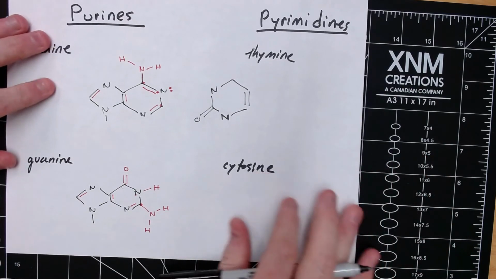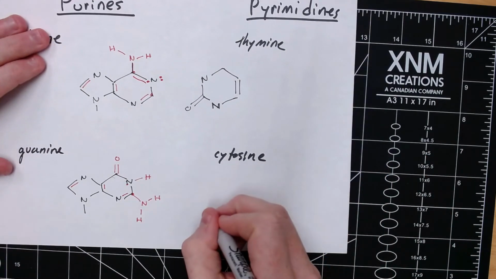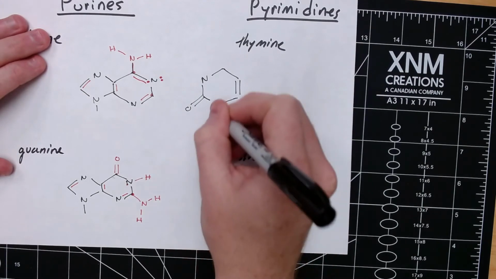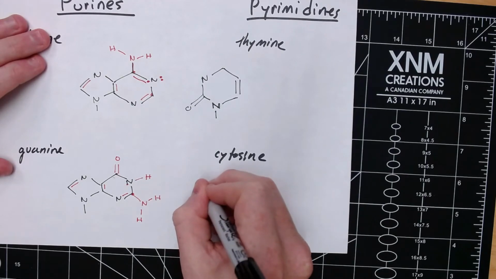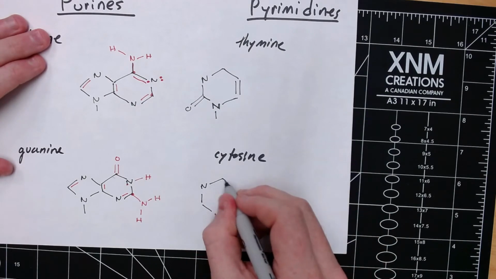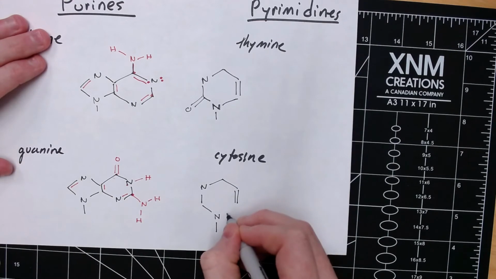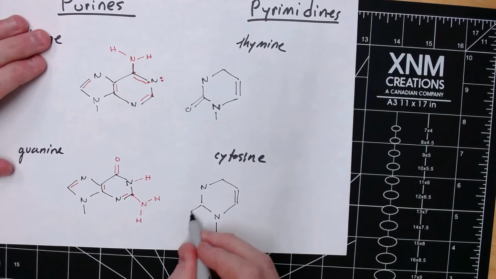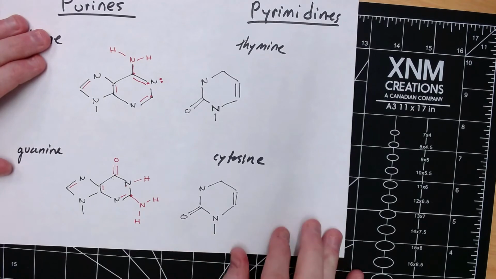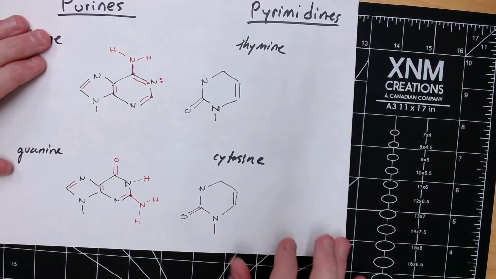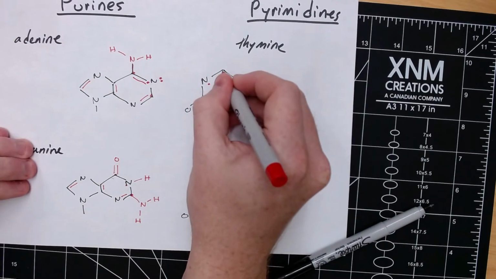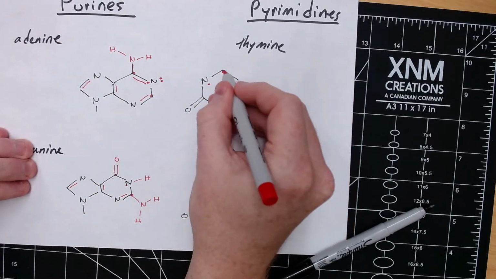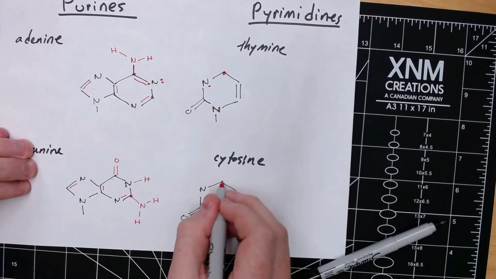And similarly for the cytosine, we'll have a nitrogen here, which is part of our glycosidic bond, and then the other nitrogen here. And we'll have the double bond, which is always present, and the carbonyl, which is always present. Okay? And as I mentioned before, the areas to look at for variation are here, and here, here, and here.